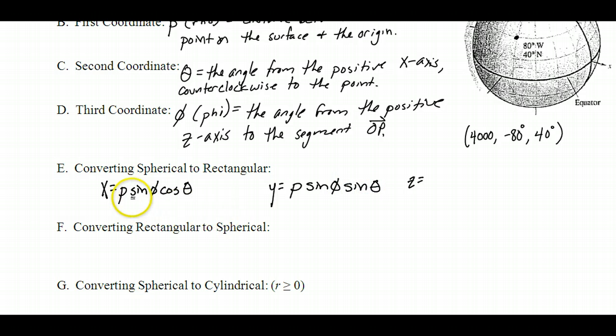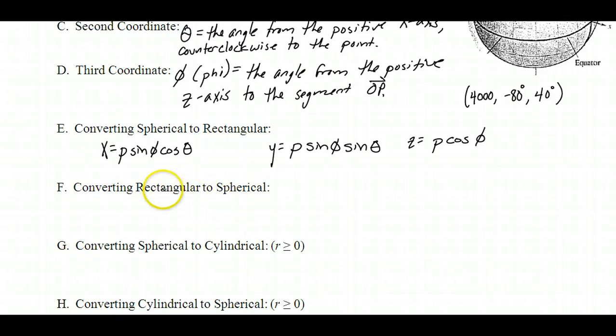So what I do for both of these, I know that the first part is rho sine phi, and then I know that x corresponds with cosine. So x is that, and then I get my cosine from there. And z is equal to rho times cosine phi.